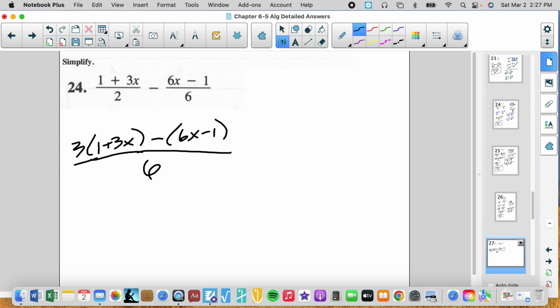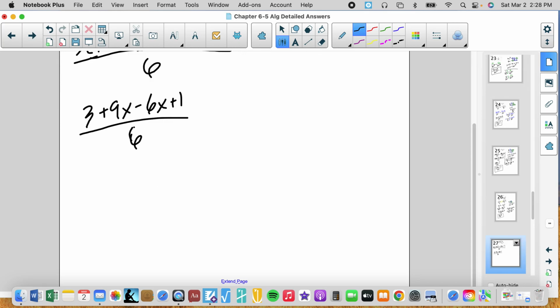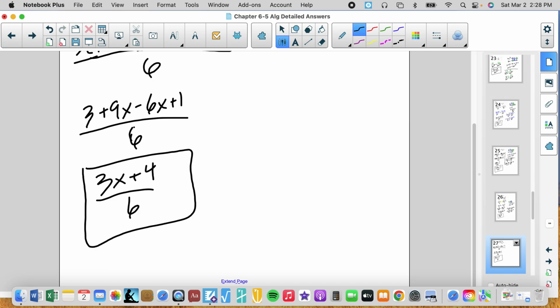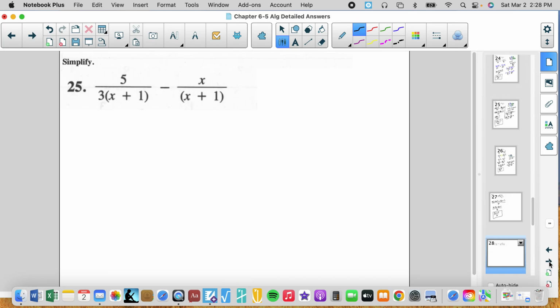We didn't have to change this right side, but we had to distribute that into both of them. So I'm going to have 3 plus 9x minus 6x plus 1 over 6. We have 3x plus 4 over 6. So there's the efficiency that we can start putting in. We can see what the common denominator is going to be.